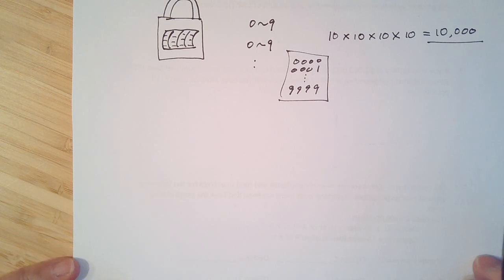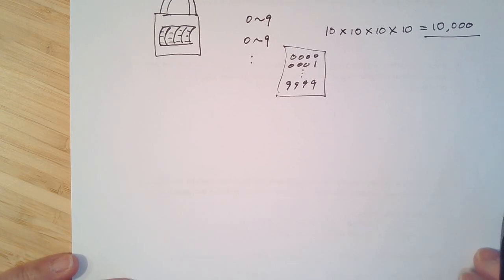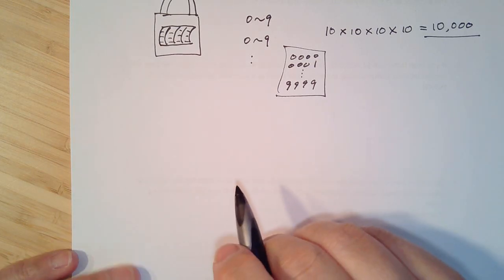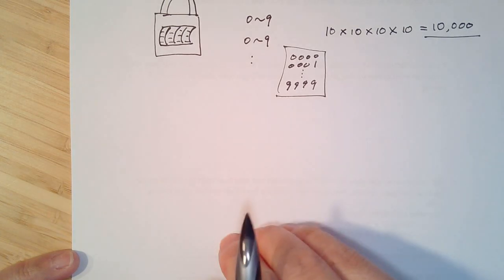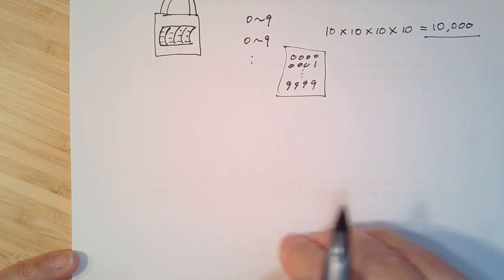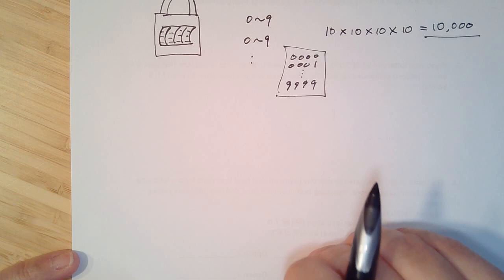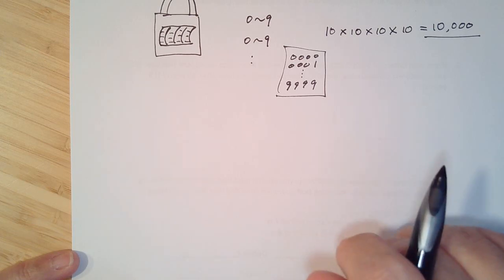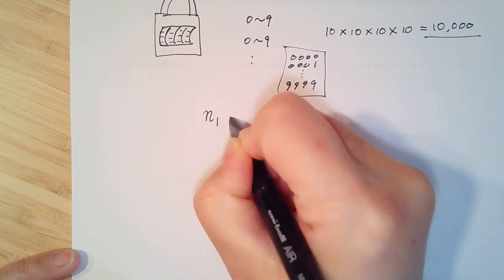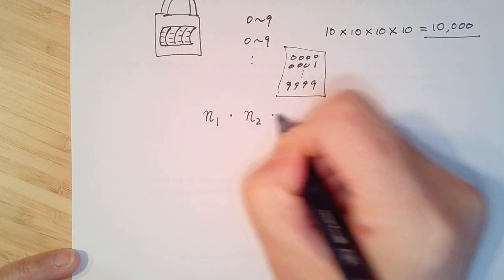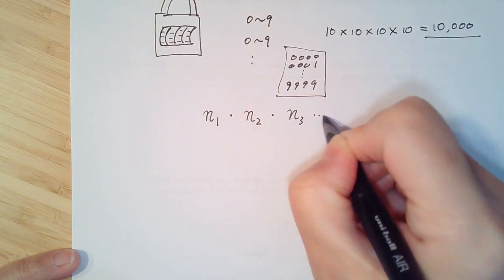All right, now, so that is the combination. And in mathematical terms, we're going to say this. For a sequence of events in which the first event can occur n1 ways, the second n2 ways, and the third n3 ways, altogether the total number of outcomes will be n1 times n2 times n3 and so on all the way to the last.